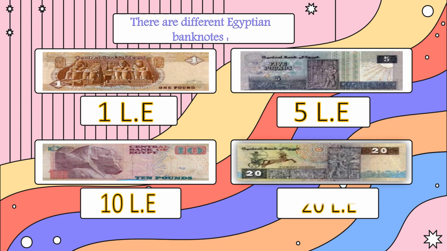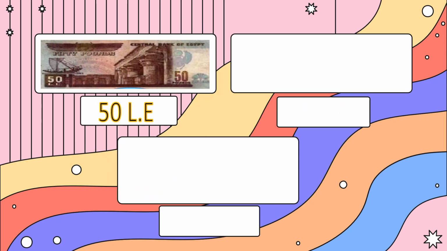Next banknote, what is the number here? It's 20. 20 pounds. 20 pounds or 20 LE. Next banknote, look at the number. The number here is 50. 50 pounds or 50 LE.